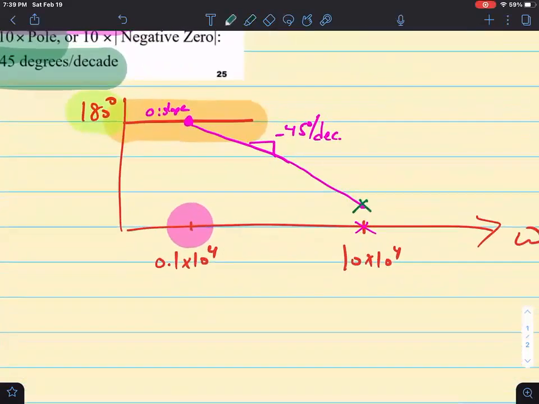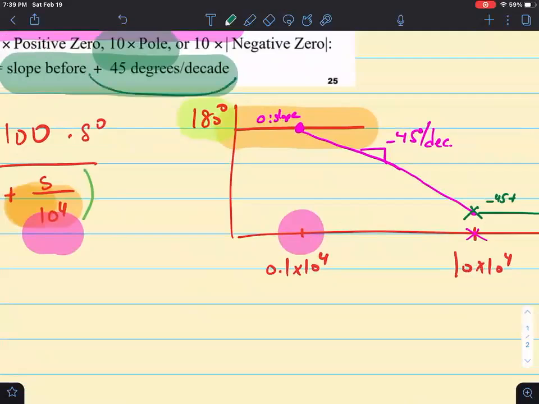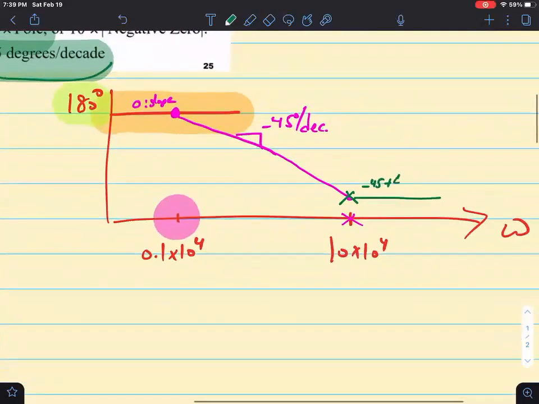So I have encountered 10 times the pole, so the slope after is equal to the slope before, which is minus 45, plus 45 degrees per decade, which is 0 degrees per decade. Okay, so I flatten out when I have a single.